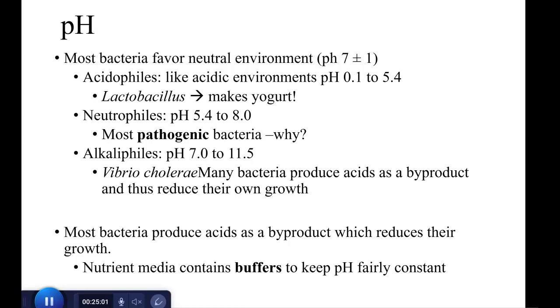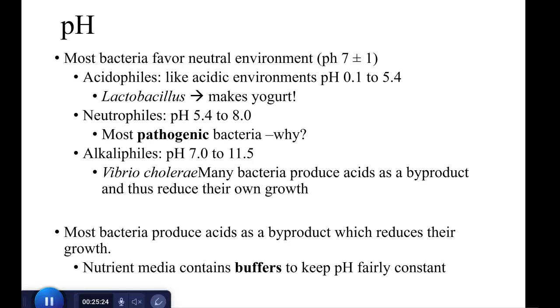Bacteria that like it a little more basic or alkaline, these are going to be alkalophiles. They're going to like a more basic environment. So maybe on the scale of like 8 to 12. We talked about Vibrio cholera. Remember that shape that kind of looks like a comma or a little apostrophe? Vibrio cholera is more of an alkalophile.